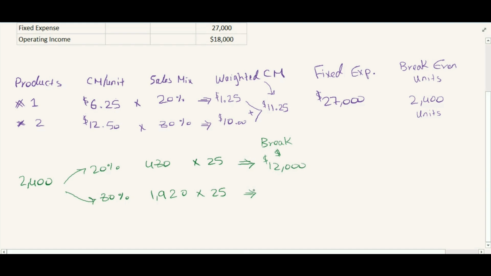And if you do the math here, 1,920 multiplied by 25 will give us $48,000. This is the break-even in terms of selling dollars for each product. If you need it for the company as a whole, we will add up these two numbers, and that will give us $60,000.